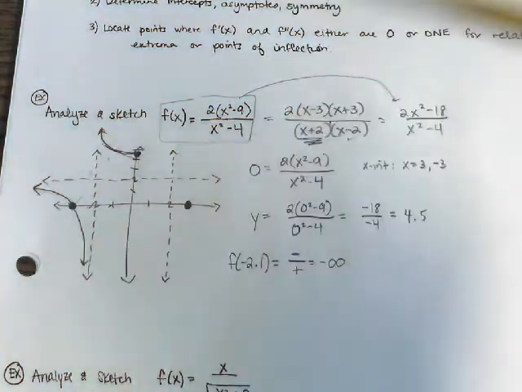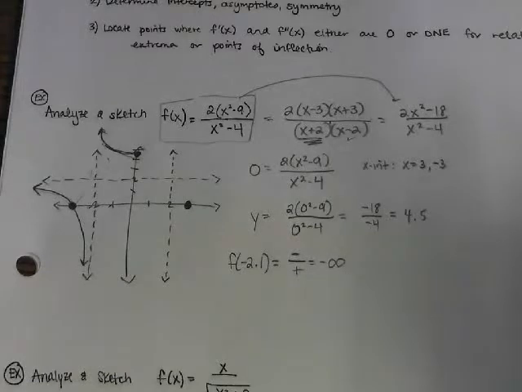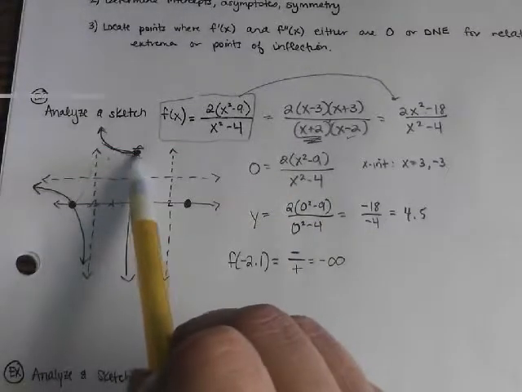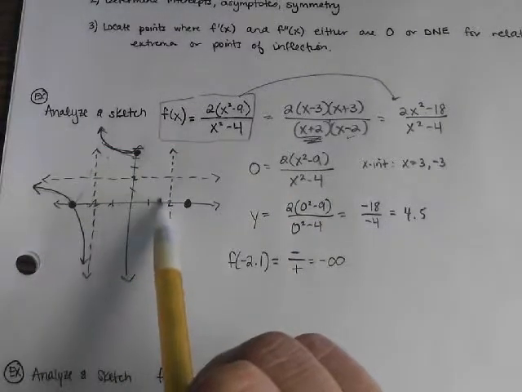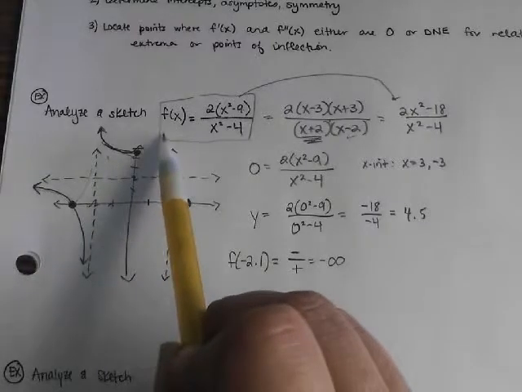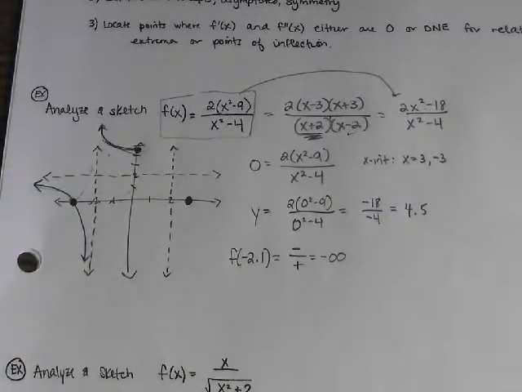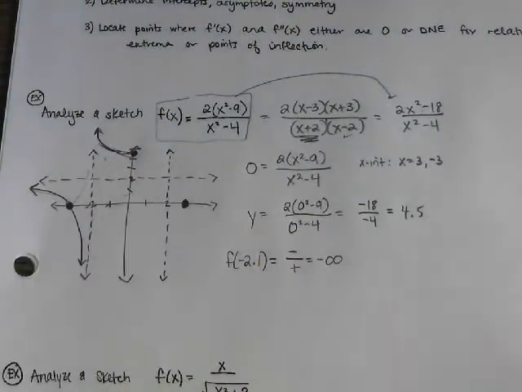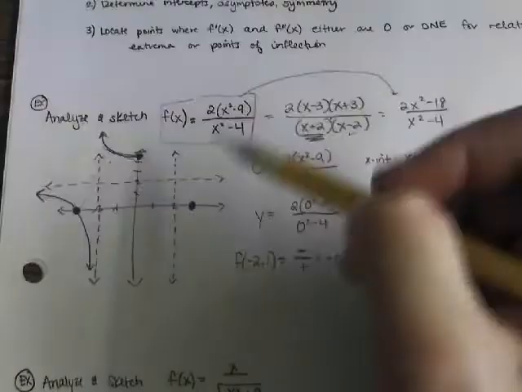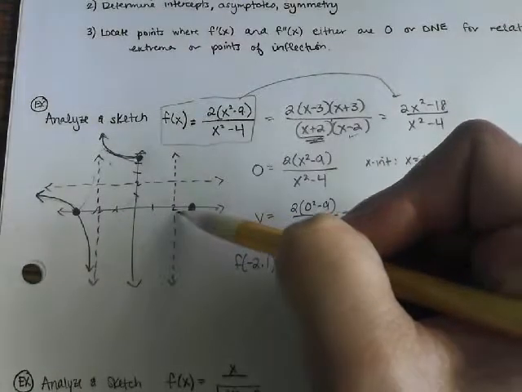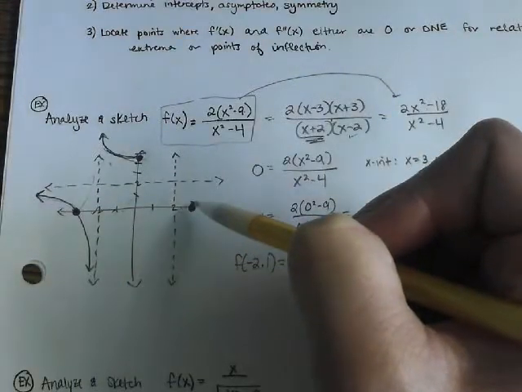But then what's going to happen? Is this going to wiggle down and go towards negative infinity, or is it going to go back up towards positive infinity? And we could use the same logic that we just did over here on the right-hand side of the graph by plugging in 2.1. Okay, again, as we approach a vertical asymptote, it's got to shoot up towards infinity or negative infinity.